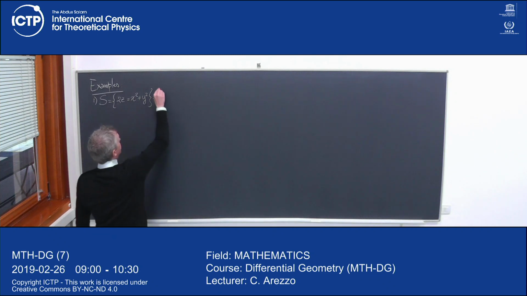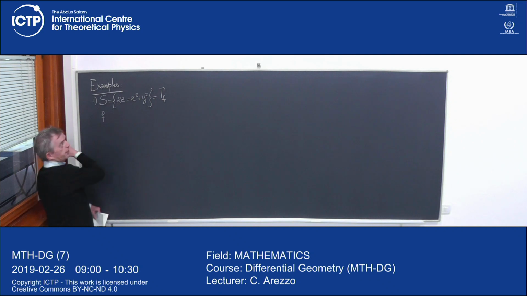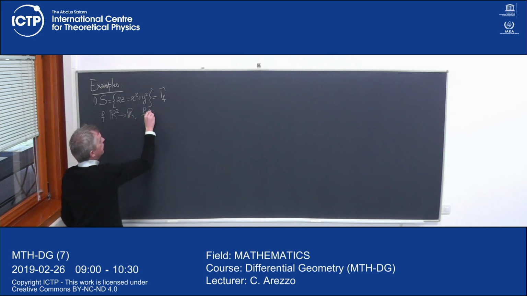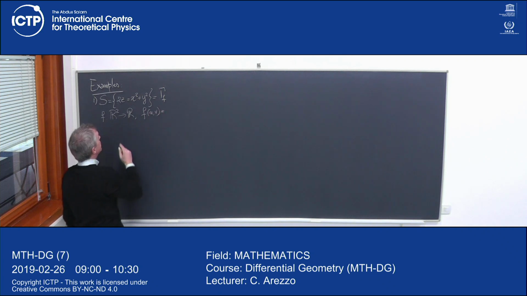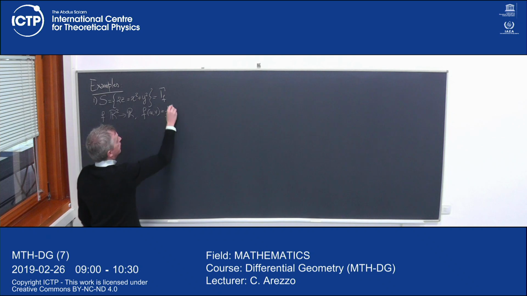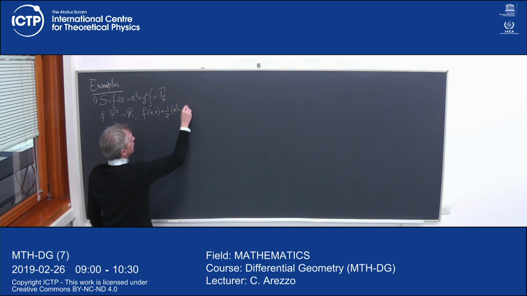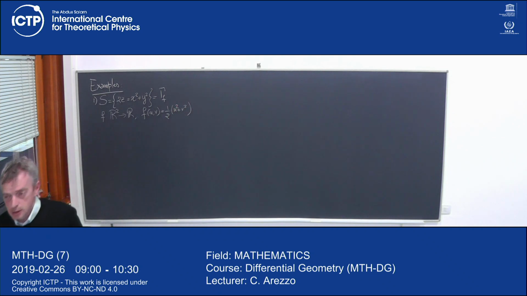So this is gamma of f, where f is a function from the whole of R2 to R, and f of u, v, already written in the coordinates we use for charts, is 1/2 (u squared plus v squared). Okay, that's clear. So we have a chart.